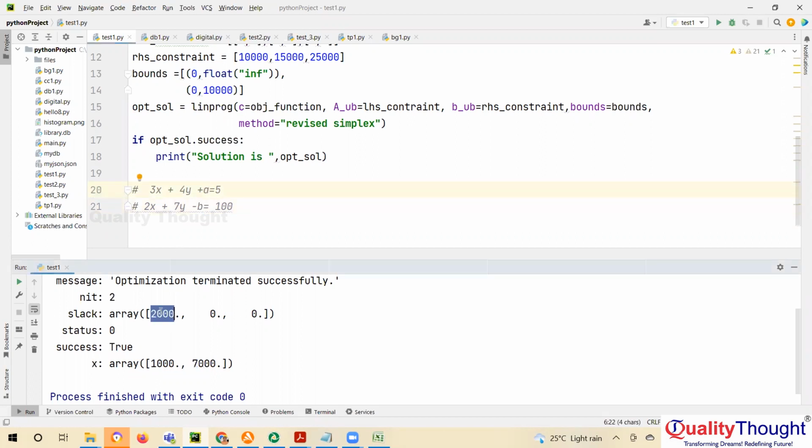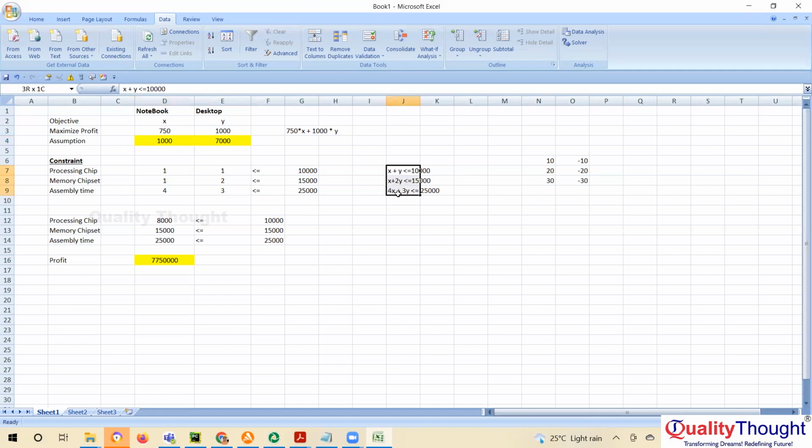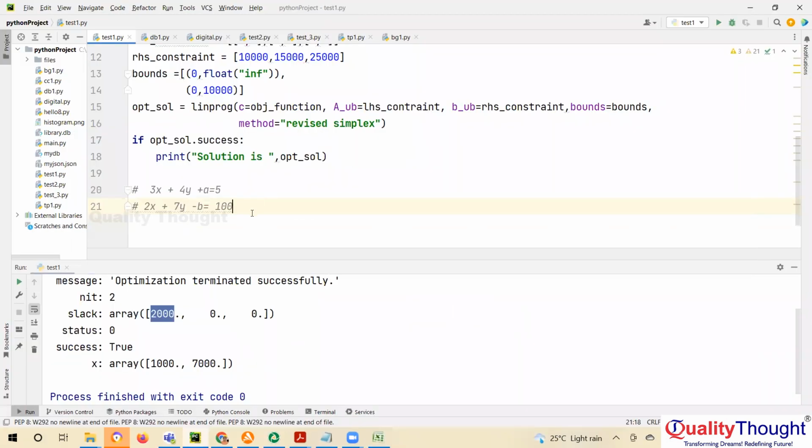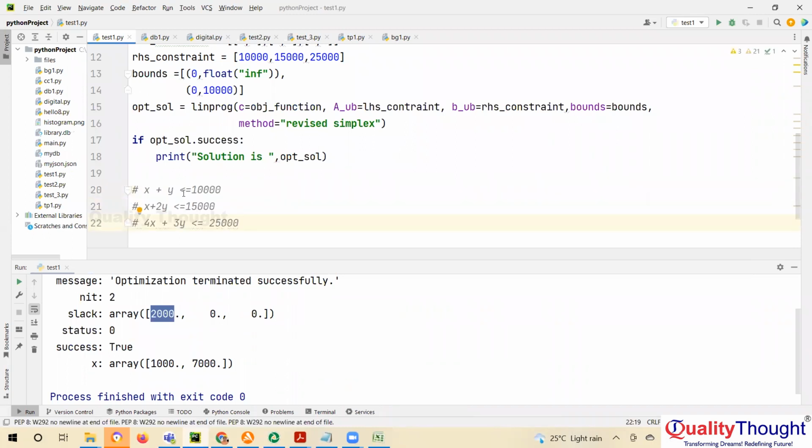Here, because we have 3 constraints, 3 less than or equal to. These are the constraints. It's saying if you add 2000 here, it becomes equal.